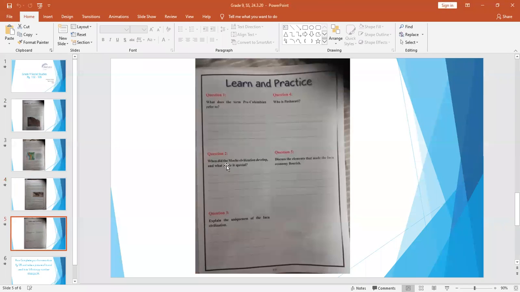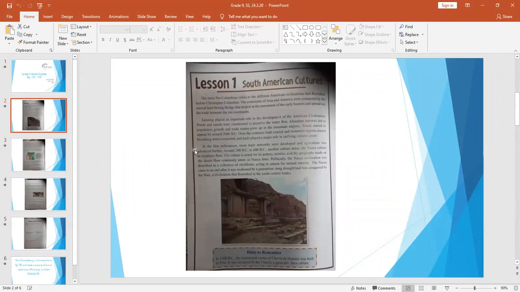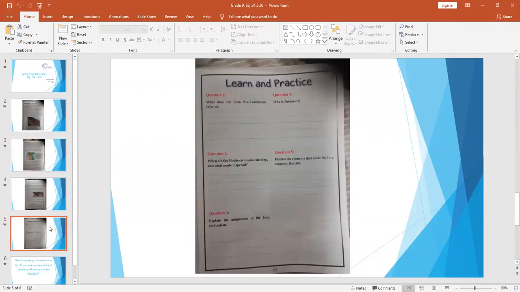Question 2. When did the Moche civilization develop and what made it special? So now we move on. And we now need to go and look for what the Moche civilization was all about and what made it special. So here, amongst these paragraphs, we will find what the Moche civilization was about, or when it developed and what made it special.